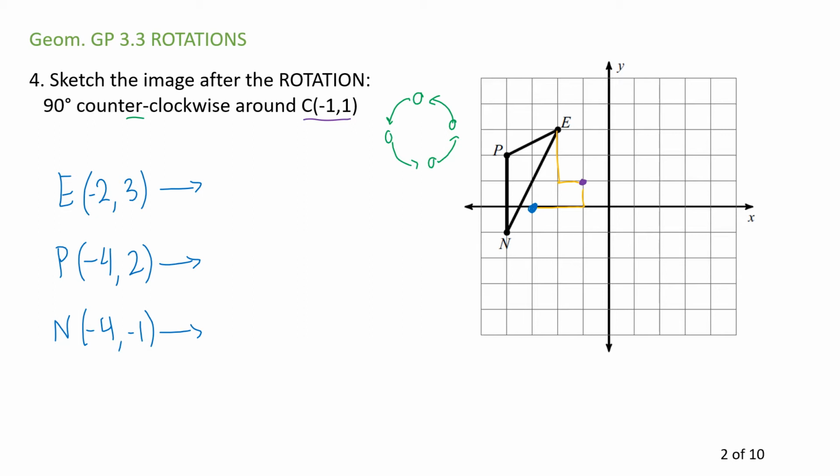To find P, I'm going to do the same thing. I make my little L, and then I'm going to rotate that little L with a piece of paper or my finger, and it ends up going down here. Same thing with N. N is going to go out 3 and down 2.